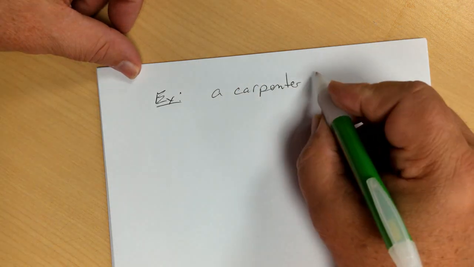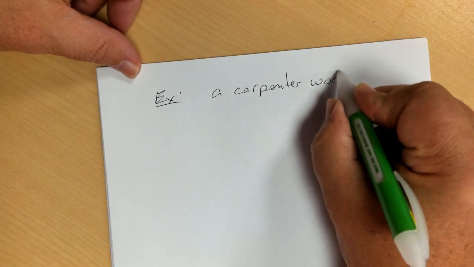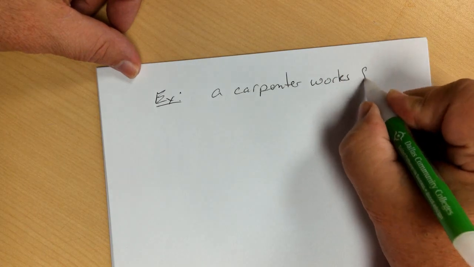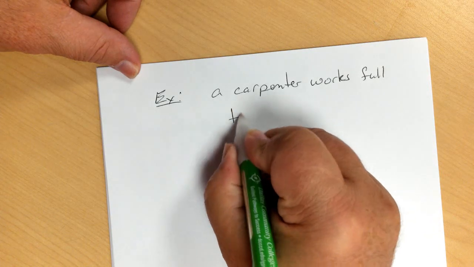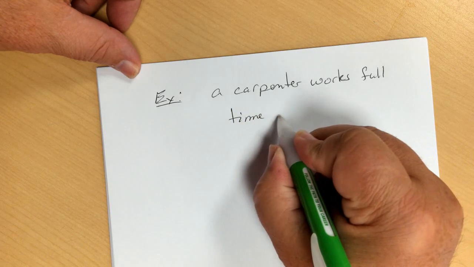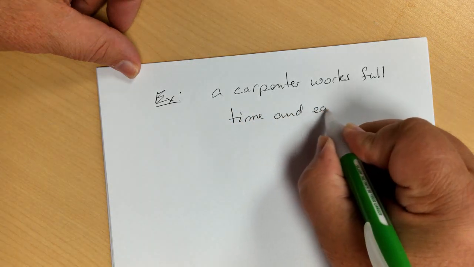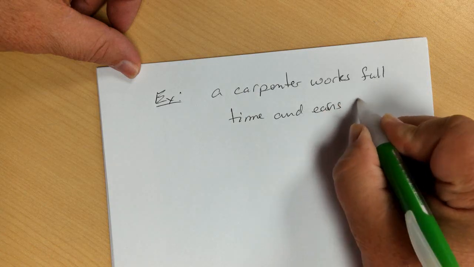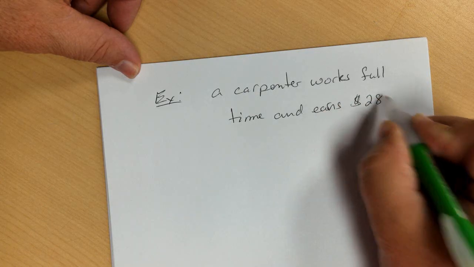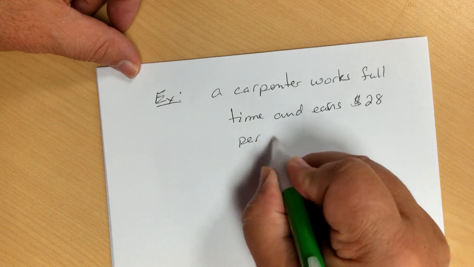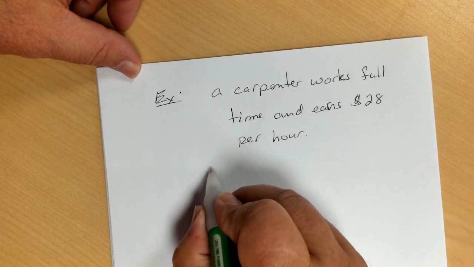A carpenter works full-time and earns $28 per hour.